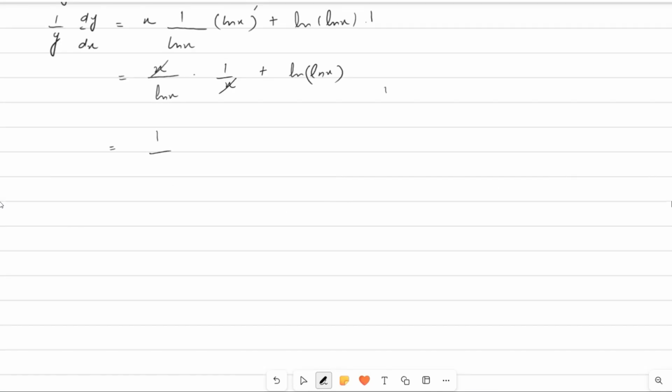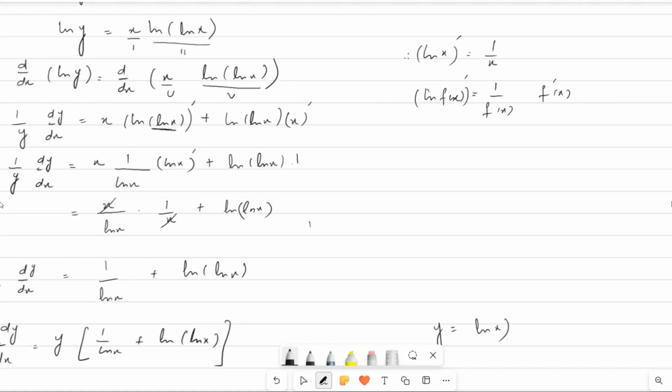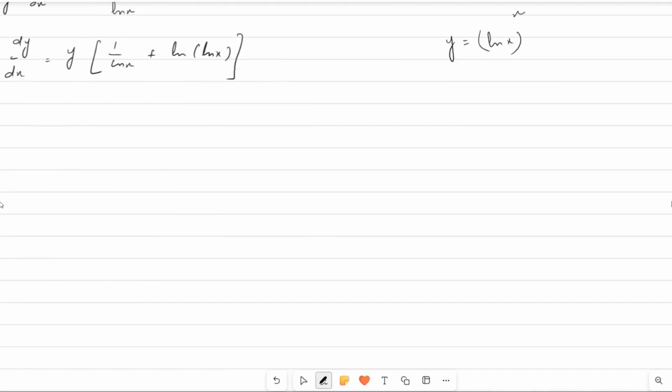That is equal to 1 upon ln x plus ln of ln x, and dy by dx is equal to y. Since y is divided over there, when it goes to the other side of the equation, it will be multiplied, and the y value we have taken is y equal to ln x raised to the power x.